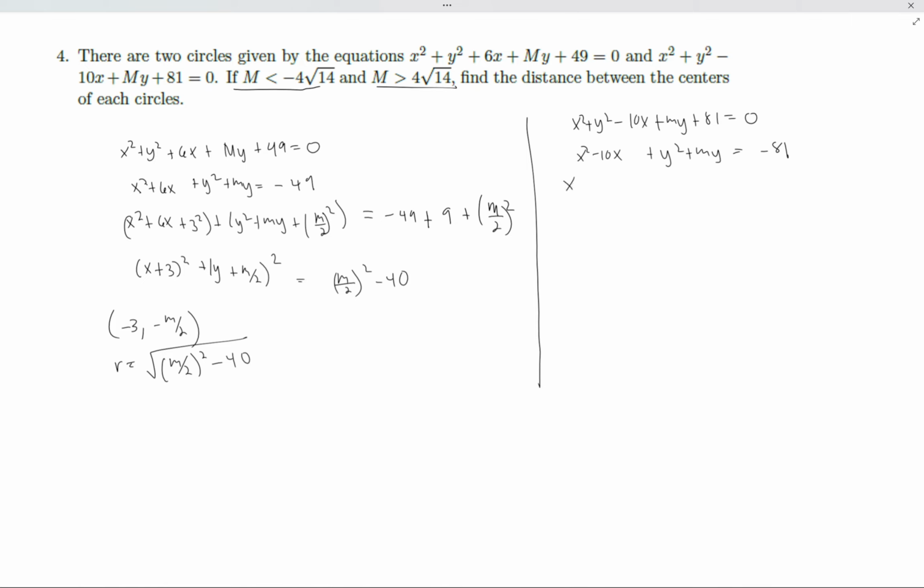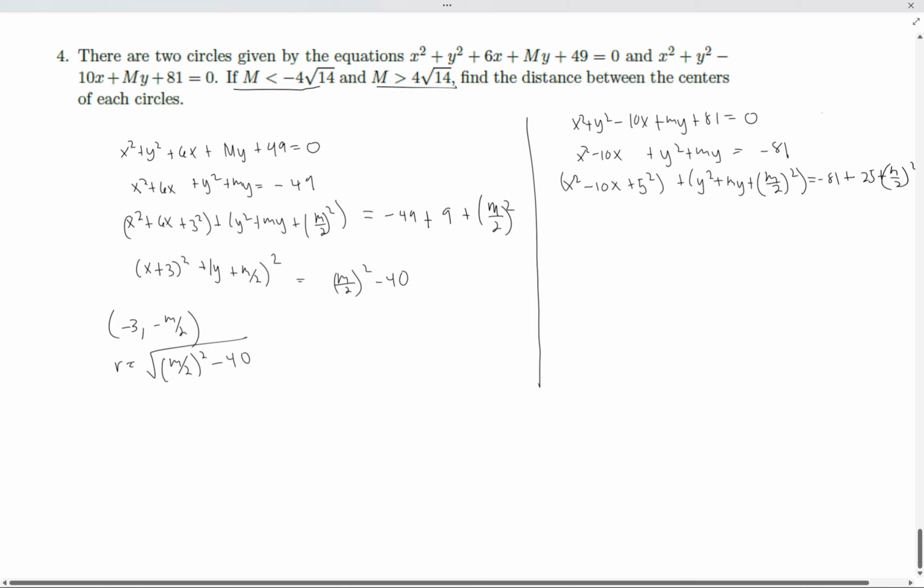I'll add half of 10 squared, so that is 5 squared. For the other one, I'll add the same as in the first circle, m over 2 squared. Add the same on the other side: 5 squared is 25, and add here m over 2 squared.